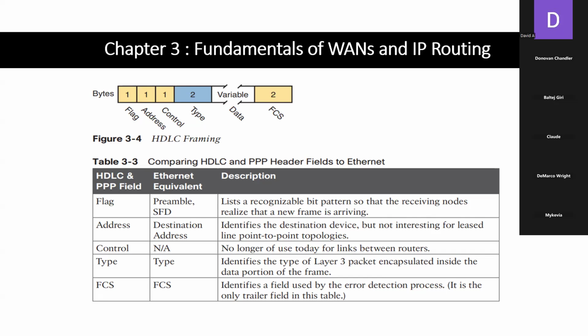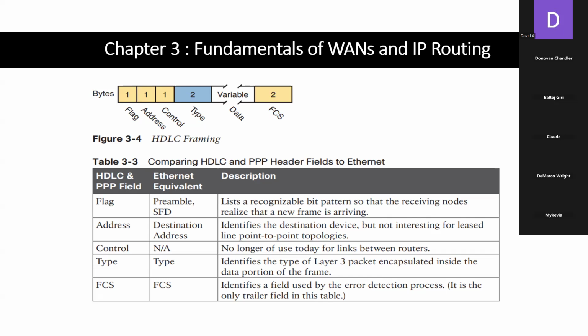So we can see here, figures 3 and 4, that it shows you the structure of an HDLC frame. So we have our flag, we have the address, we have the control, we have the type, and we have the data, and we have FCS. FCS should be familiar to you. But all data link protocols perform the same job, to control the correct delivery of data over a physical link of a particular type.